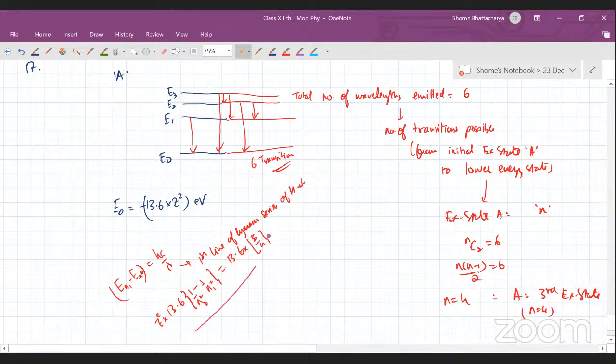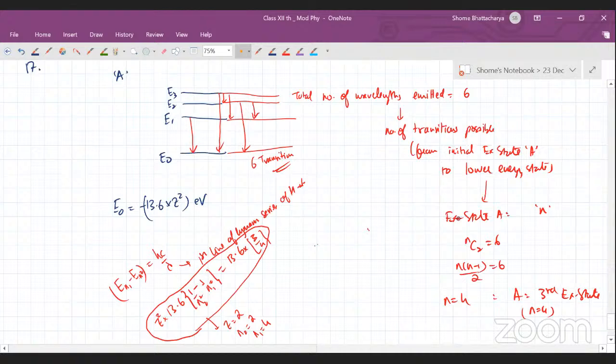So we assume this, then we will see that this fits for Z equal to 2, n2 equal to 2, and n1 equal to 4. It will not fit for any other transition.